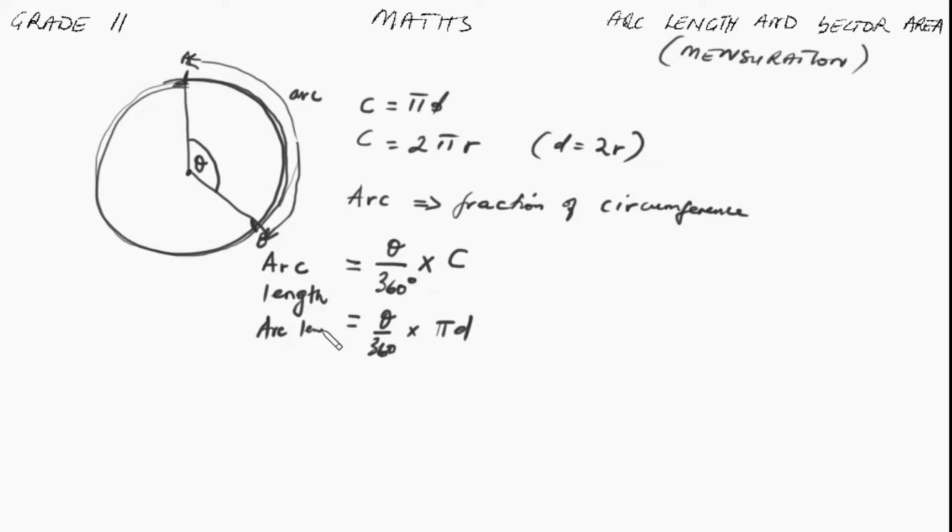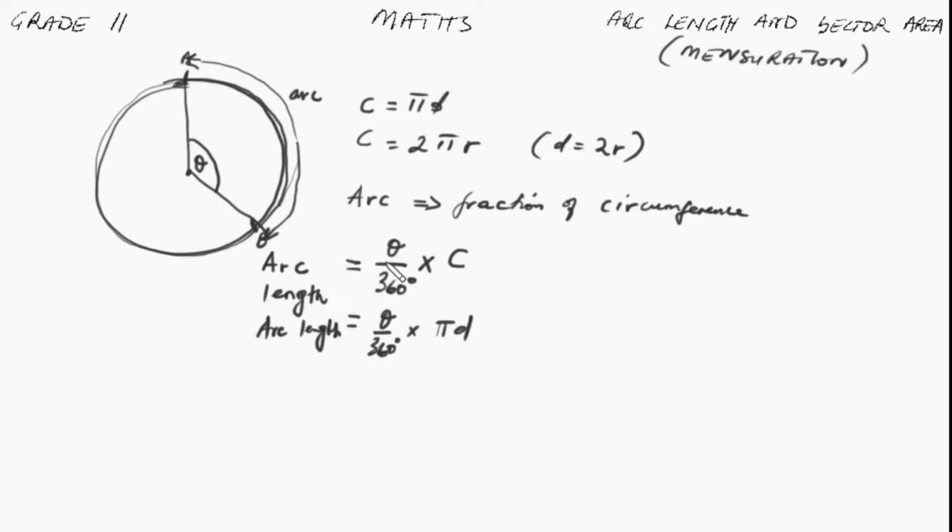This becomes the arc length. If you want to find the length of this arc, you would just say theta over 360 degrees times pi times the diameter of the circle.